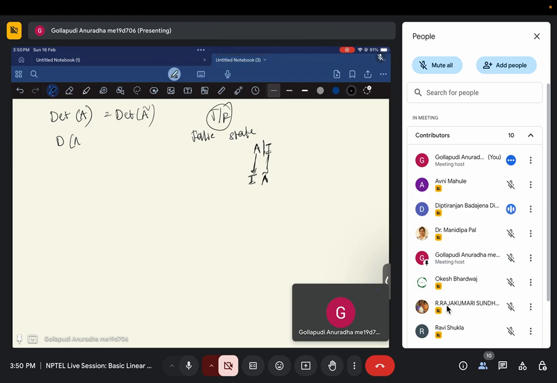Ma'am, in row reduced echelon form, if I have a matrix A, then determinant of A equals determinant of A tilde, right? Can you talk in Hindi? Whether it is a false or true statement, whatever you are saying.